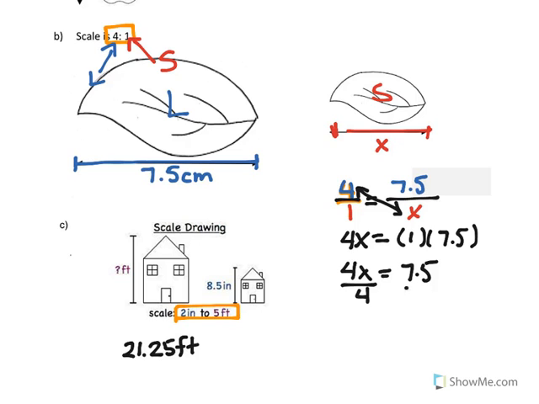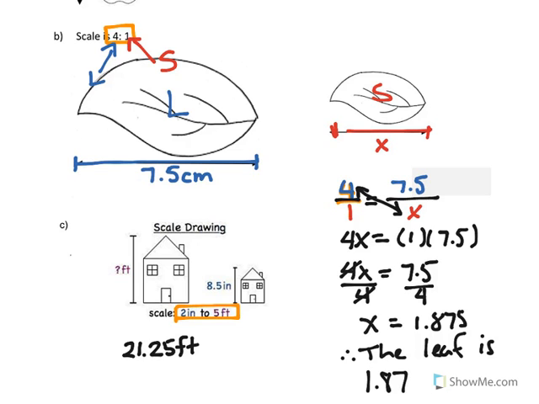But if you do it on one side, you got to do it on both sides. So you get 1x by itself, and I believe that's about 1.875. So therefore, the leaf is 1.875 centimeters long.